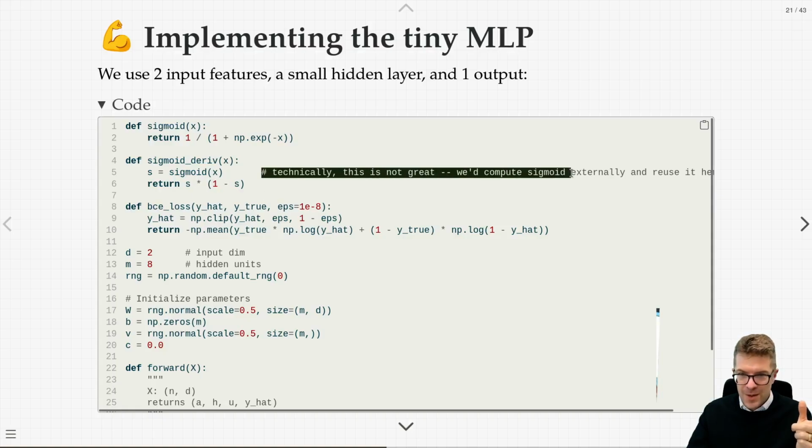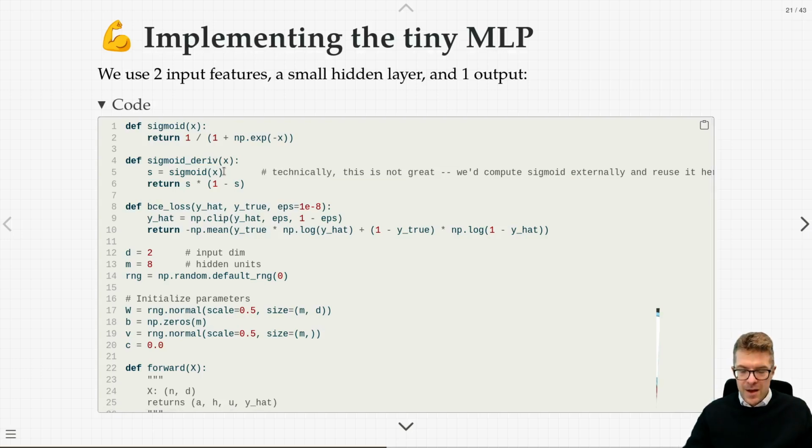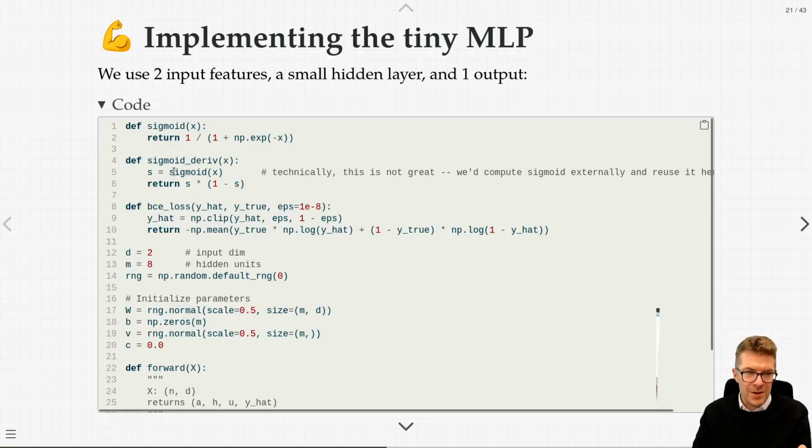This is not great. Maybe I'll try to fix this later, but normally the whole point of doing the forward pass is that we push information through the network, and then we store intermediate values in the nodes of the graph. So somewhere there's a sigmoid function that goes into an intermediate value node. I want to store S in that node and just keep it there in memory. And then when I come back to it during backpropagation, I'll have already computed S, so I don't need to do this whole computation again.